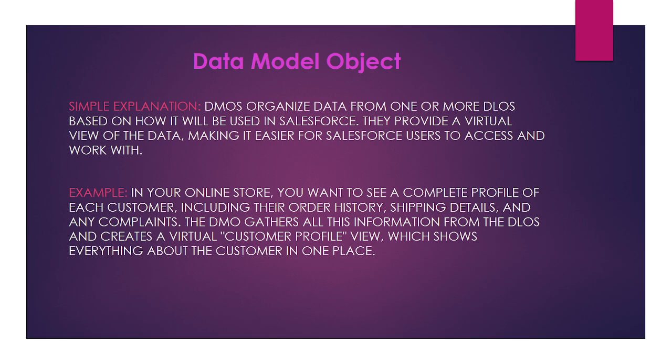Then that DSO is converted into DLOs. Once DLOs are ready, we can gather one or more DLOs and make a DMO. A DMO is a well-structured, full data model which is used by your end customer. In a DMO we can see the full profile of the customer, where we can see all the complaints, orders, and shippings, everything.